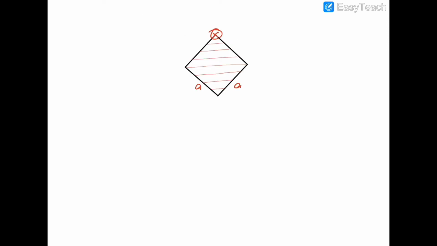Now for this square, the hinge point is this, and the center of mass of the square is this one, and the distance between the hinge and the center of mass is a by root 2. And we know that the moment of inertia of this square about this hinge will be I is equal to ma square by 6 about this axis, plus m into a by root 2 whole square.